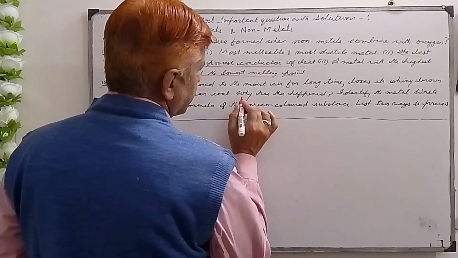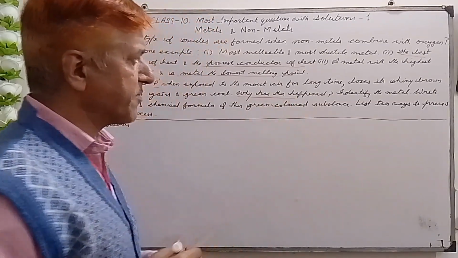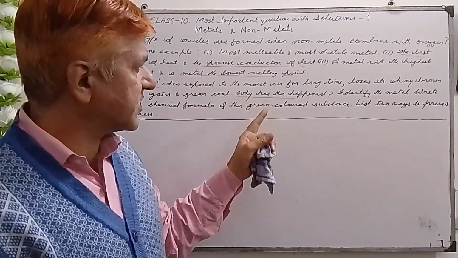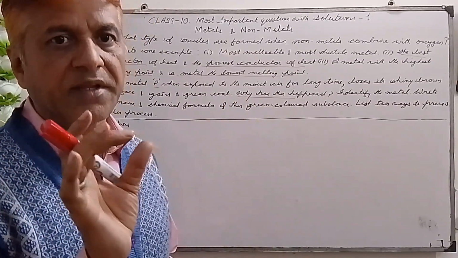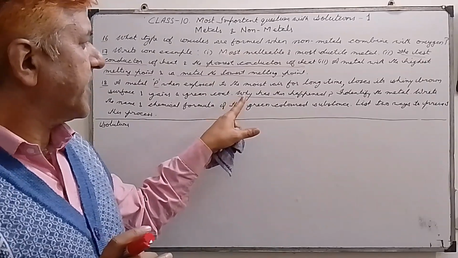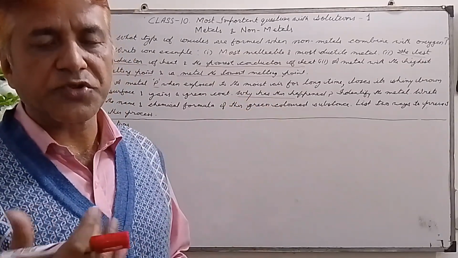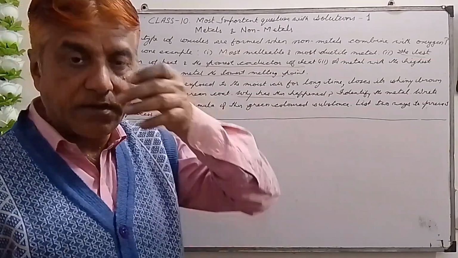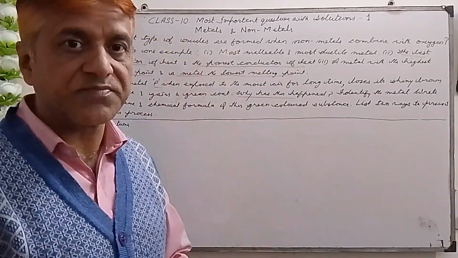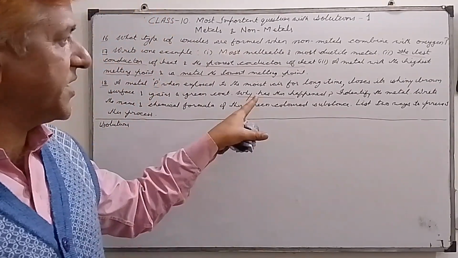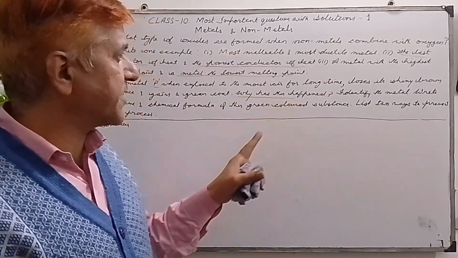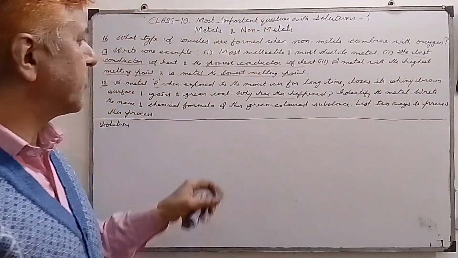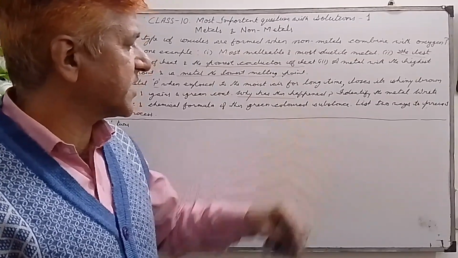My dear students, always remember that copper metal when exposed to air for a long time gets a covering of green color, and this happens due to corrosion of copper, because we know that a disadvantage of metals is that they corrode. So identify the metal. The metal is copper. Write the name and chemical formula of this green colored substance.